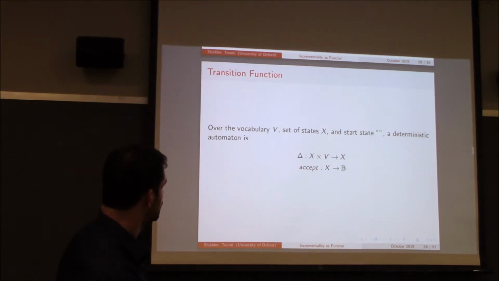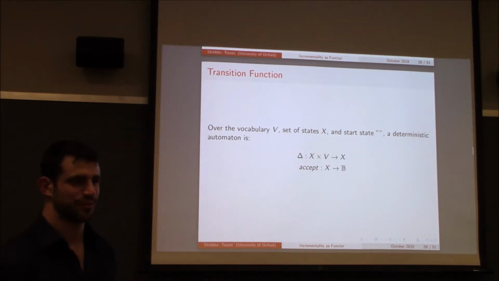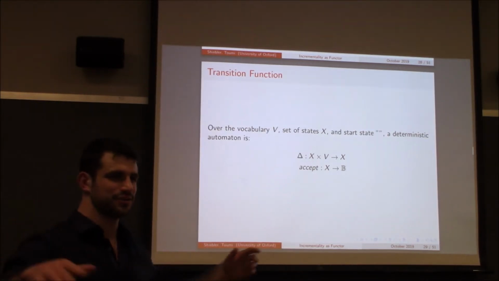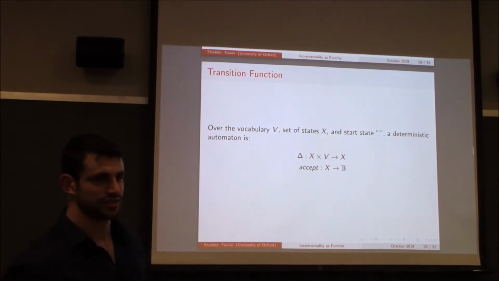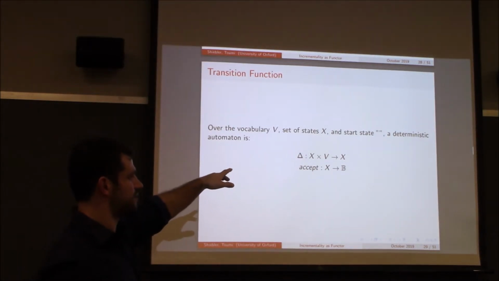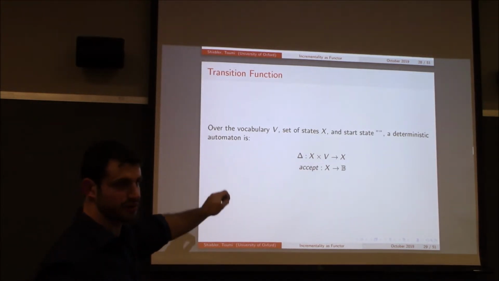These things can sometimes be easier to represent, rather than as states and arrows, just as functions. So a deterministic automaton is our set of states and a pair of functions.